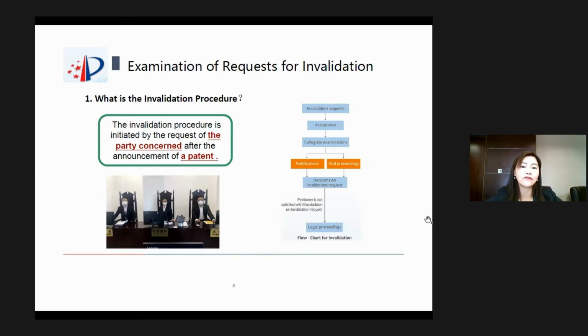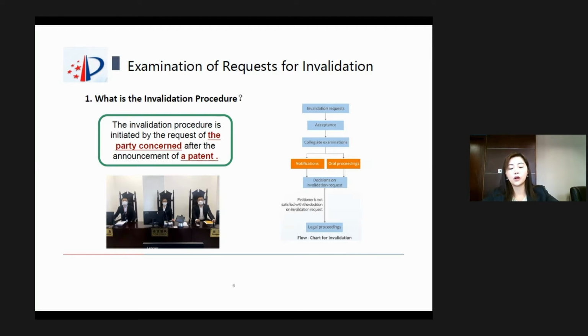What is the invalidation procedure? The invalidation procedure in China is substantially an inter-parties re-examination, which involves three parties: the petitioner, the patentee, and the panel.